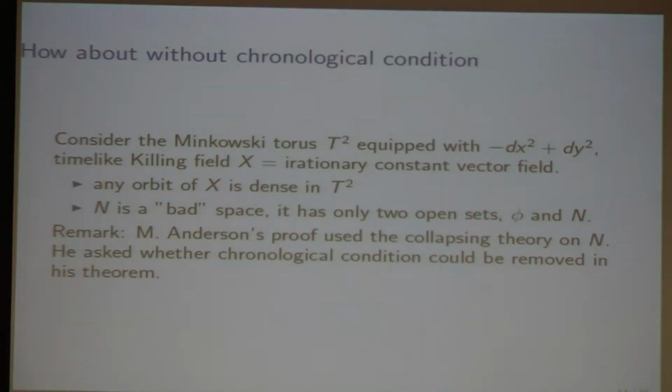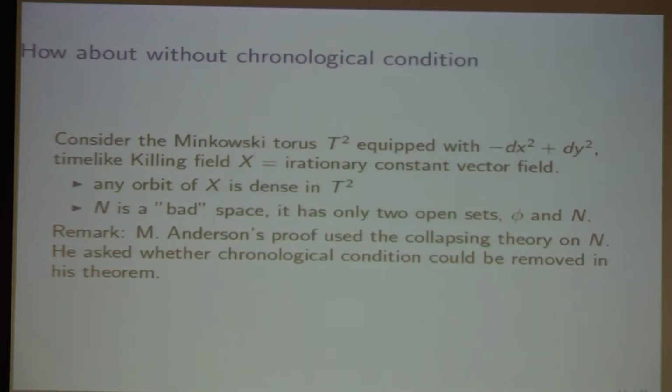So you can think of this picture. Here we have a torus. Let me just draw a picture. Of course, it is not like this, but we just identify these two sides and these two sides together, and then you get this torus.